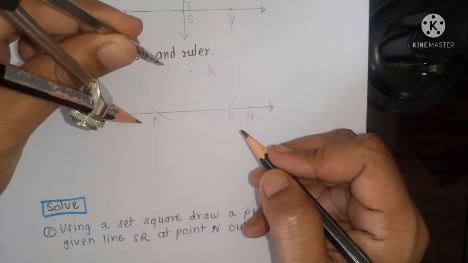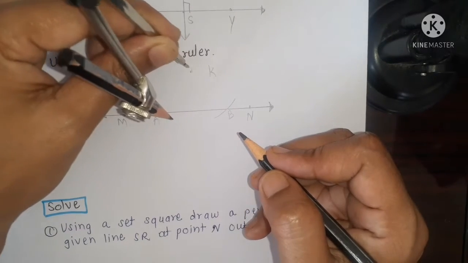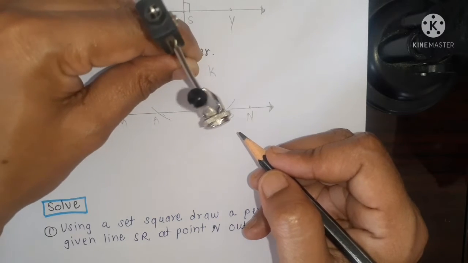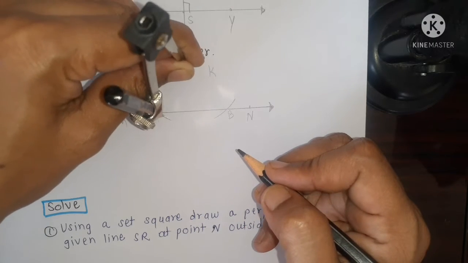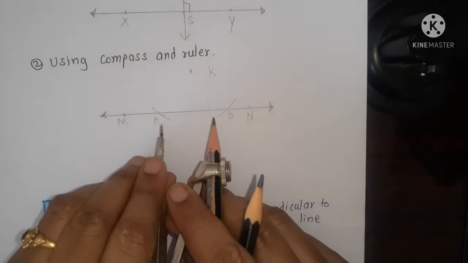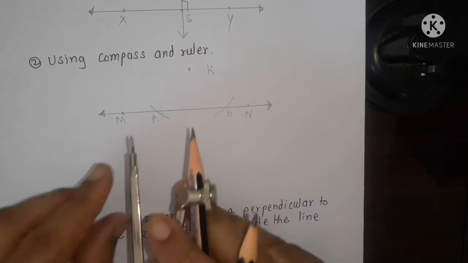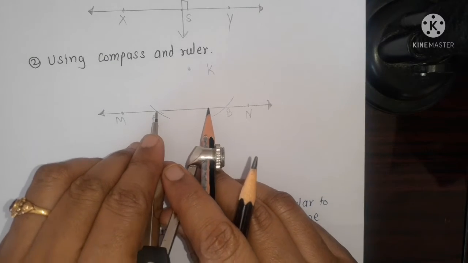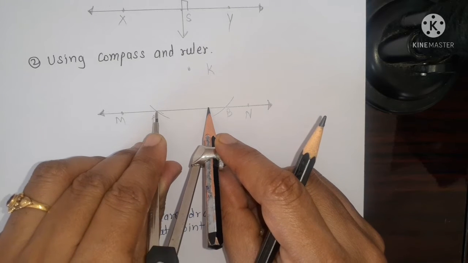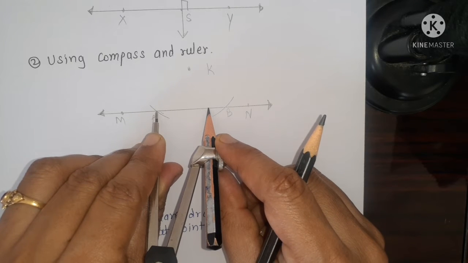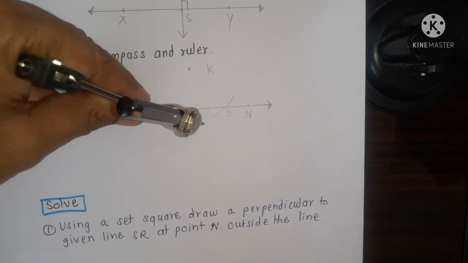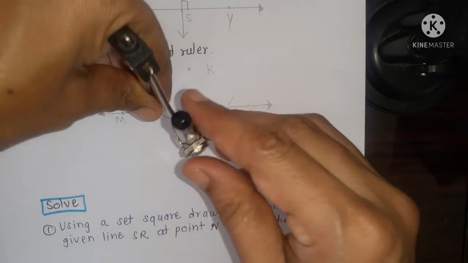We take a convenient distance, place the metal point on K and draw two arcs which cut the line MN at point A and point B. Now place the metal point on point A. Take a distance more than half of the arc AB and draw an arc on the lower side of line MN.